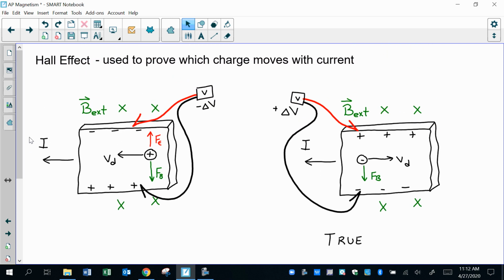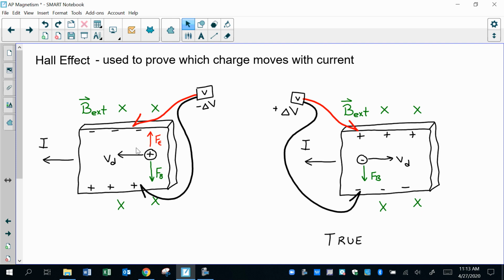But if we had positive charge motion, take your right hand. Positive charge is moving to the left. Green external field, so we take this chunk of metal, we pass current through it, and we apply a magnetic field. I'm going to go with an in field.